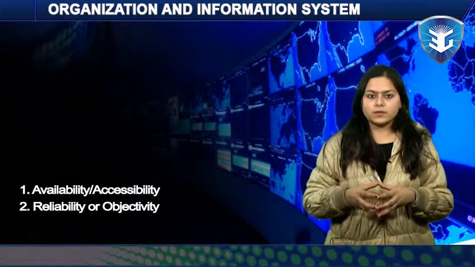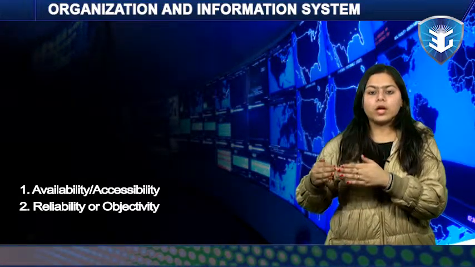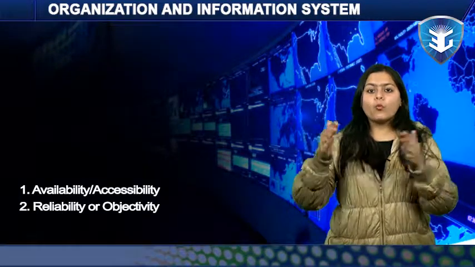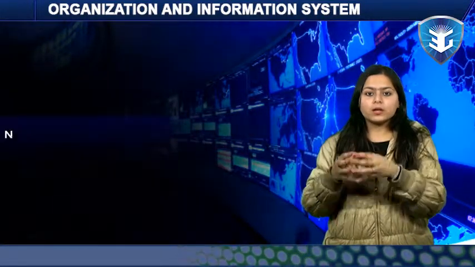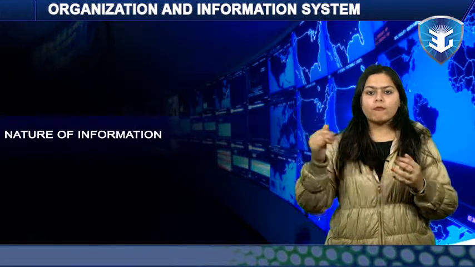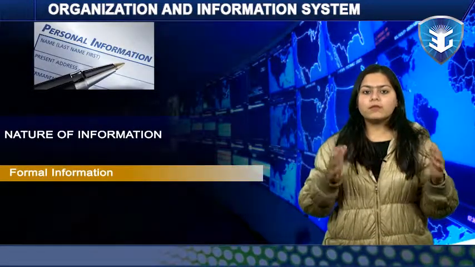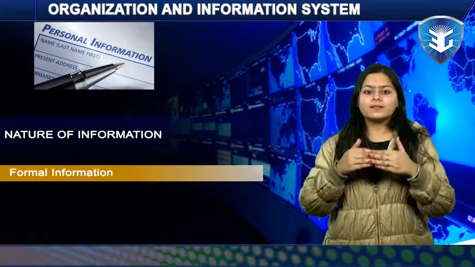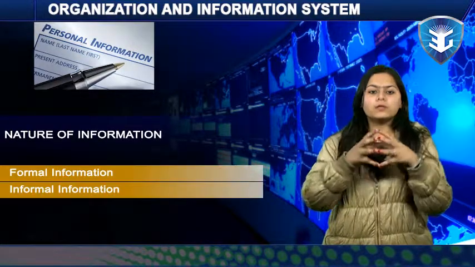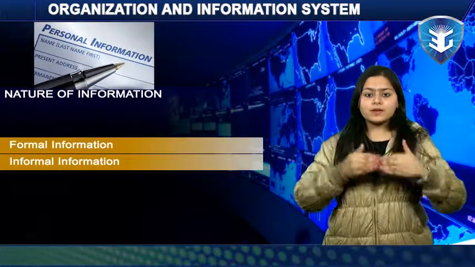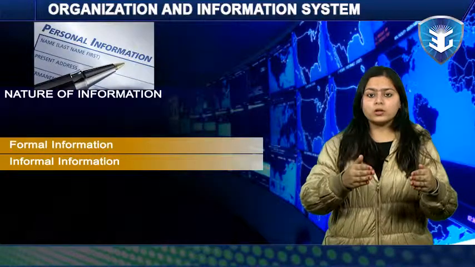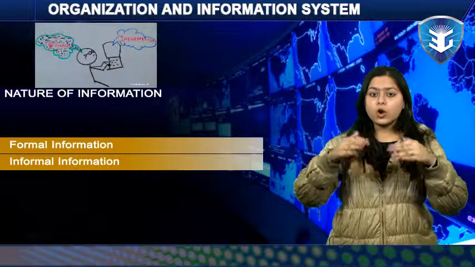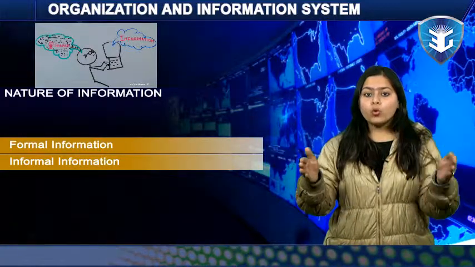Reliability or objectivity: reliability deals with the truth of information or the objectivity with which it is presented. Nature of information. Formal information involves presenting information in a structured and consistent manner. Informal information describes less well structured information that is transmitted within an organization or between individuals who usually know each other.